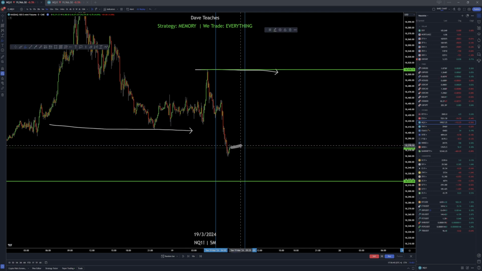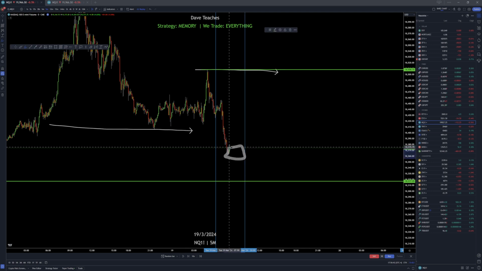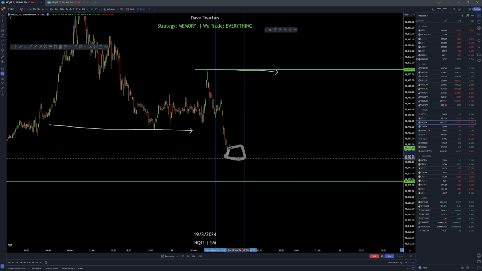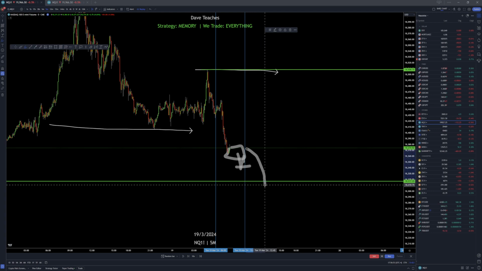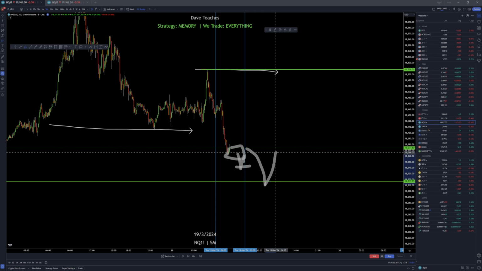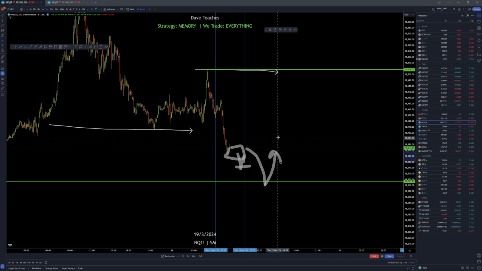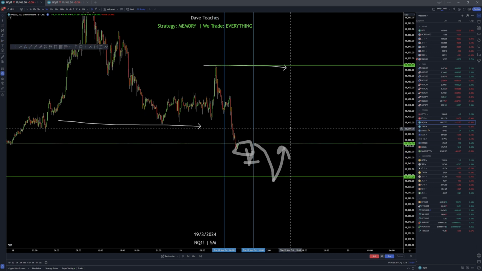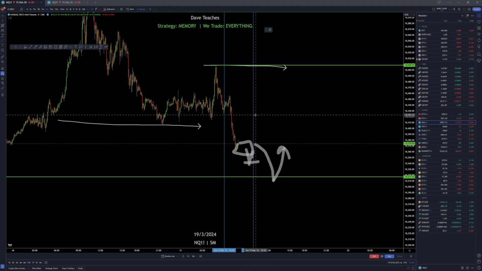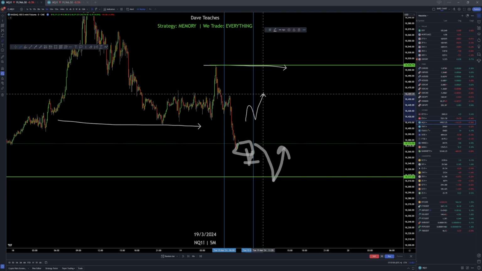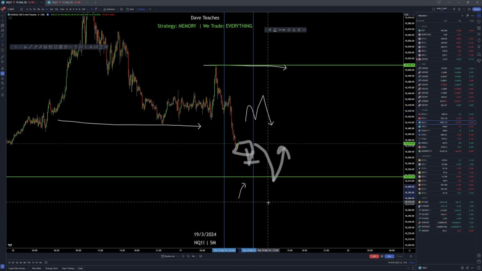But the job of the last hour of the 6 o'clock candle is to put in the manipulation. And then should 10 o'clock want to run that manipulation and then trade in the other direction, it will. And that's whether the manipulation is up here or whether the manipulation is down here.